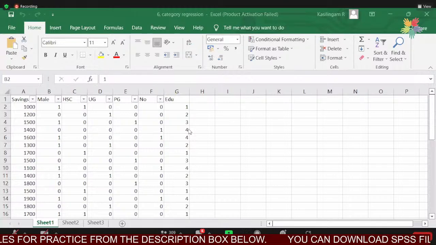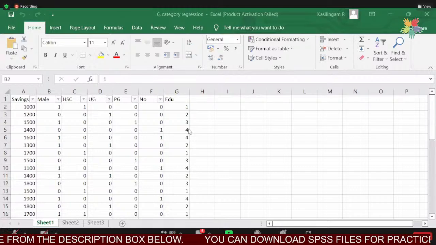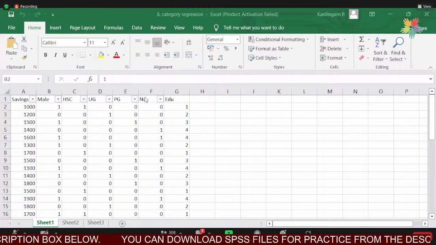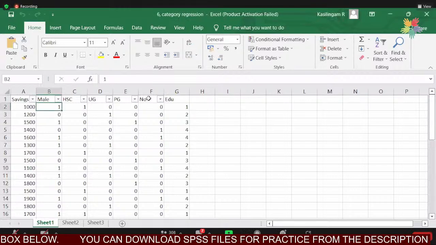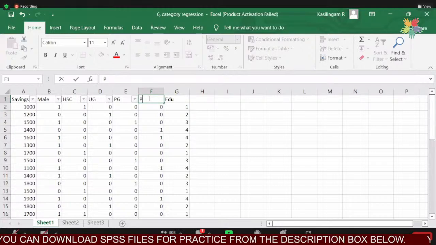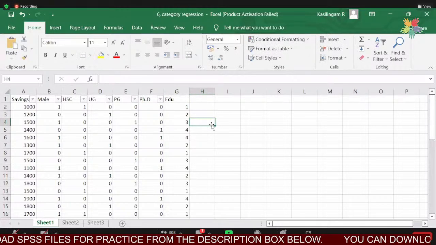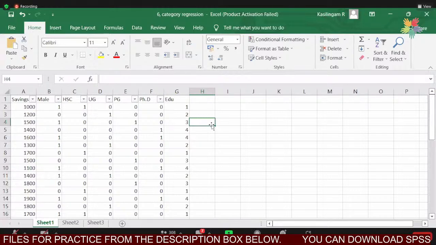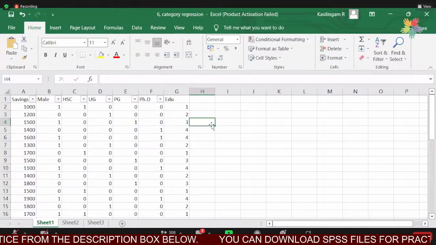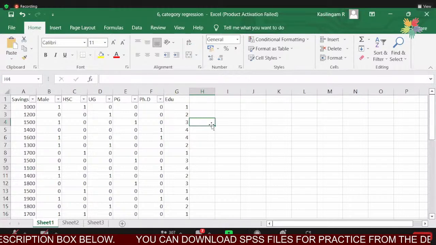Otherwise, let us put 4 as PhD qualification, to avoid unnecessary confusion. So now we have given 4 options: one is HSC, 2 is UG, 3 is PG, 4 is PhD.